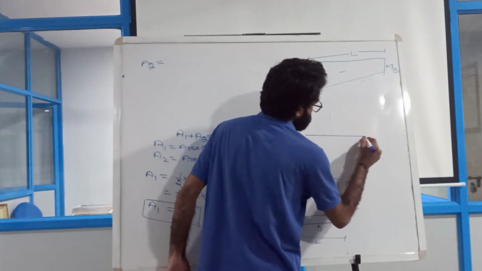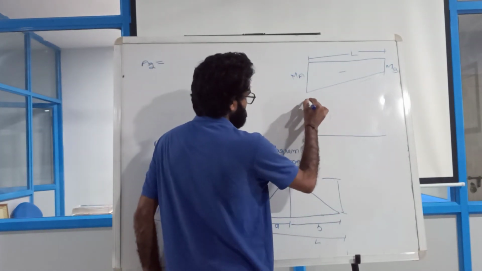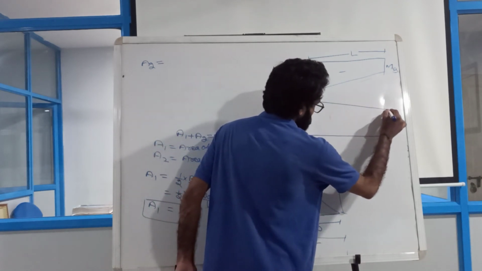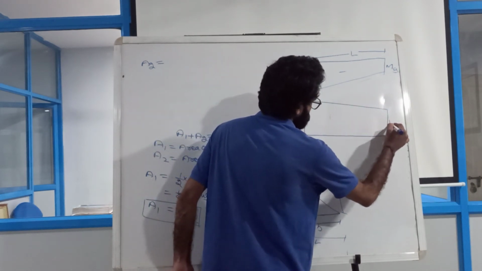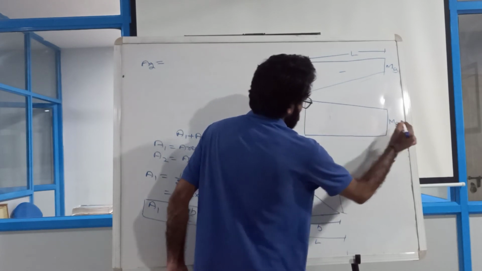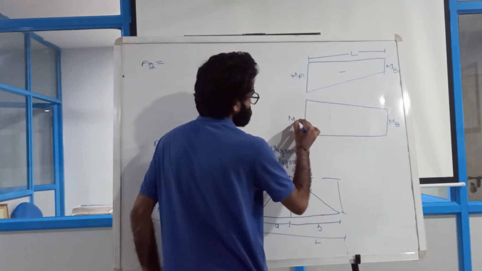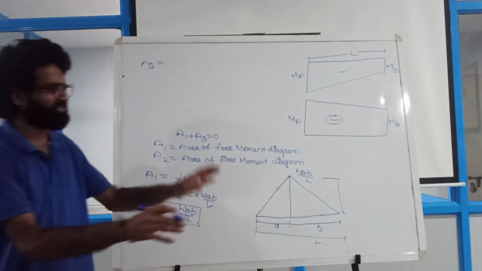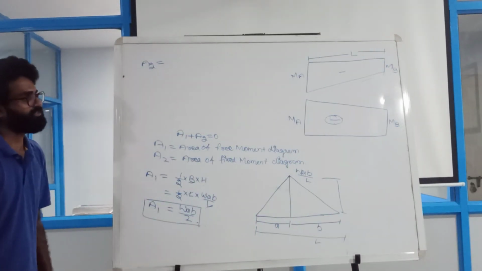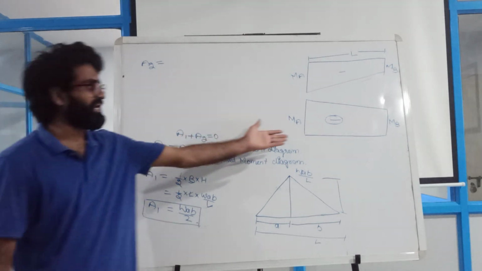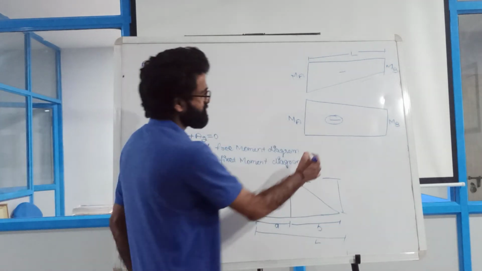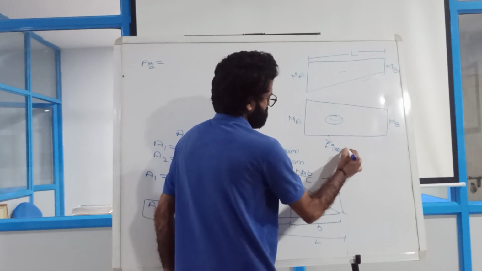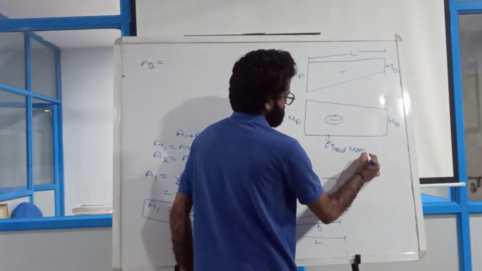For more simplification, I can do it like this. As you like to do, this is up to you. I sometimes get confused, so it's better to be careful with the sign, that's it. No other things. Alright, so this diagram I got for my fixed moment diagram. I already calculated it in step 2.